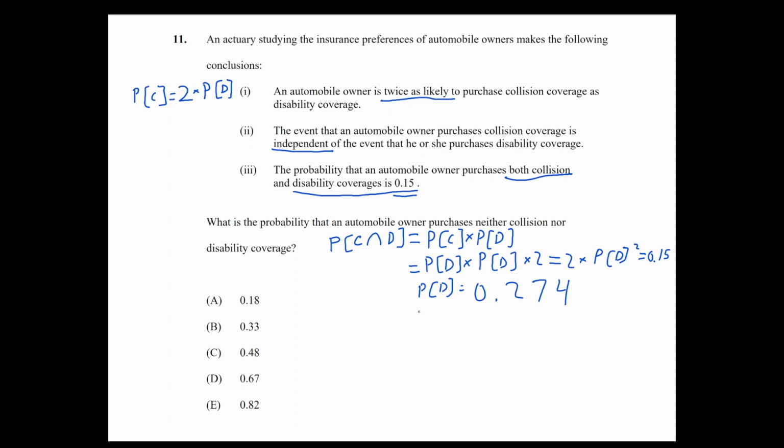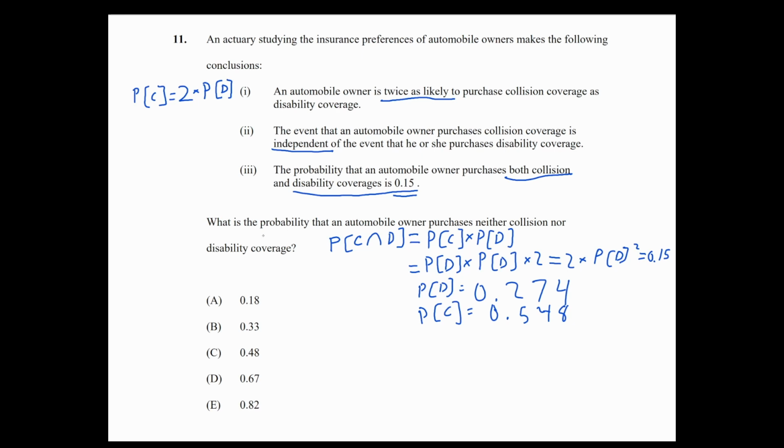And from this, we can calculate what the probability of C is. We reinsert the probability of D into our definition up here, and that's going to equal 0.548. Okay.